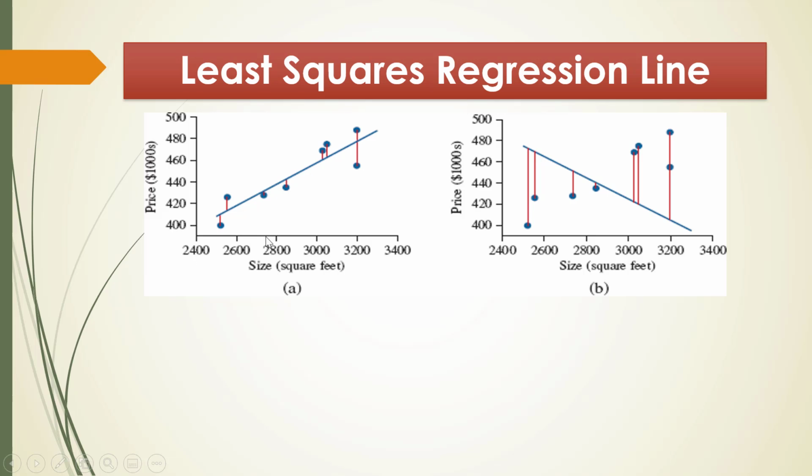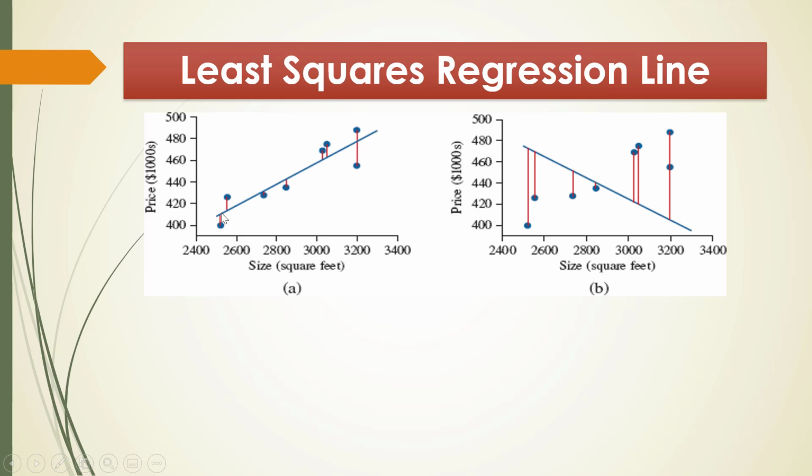So here, for example, we have these two lines, and we have to figure out which line is better. The way we compare these two lines is we make the vertical distance between the data point and the line.